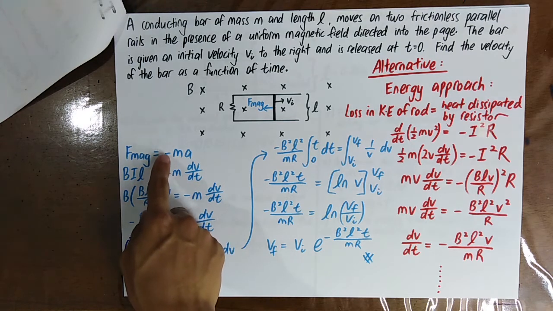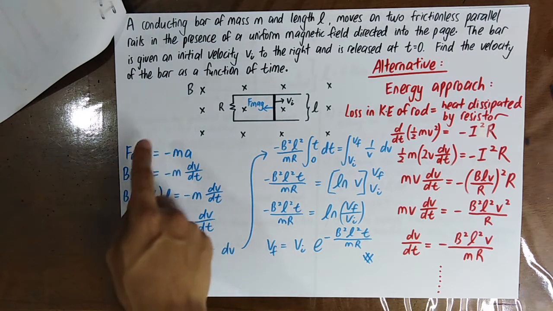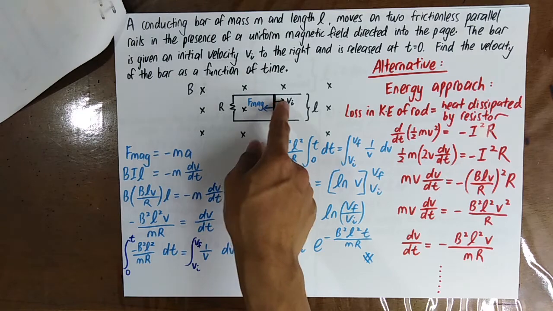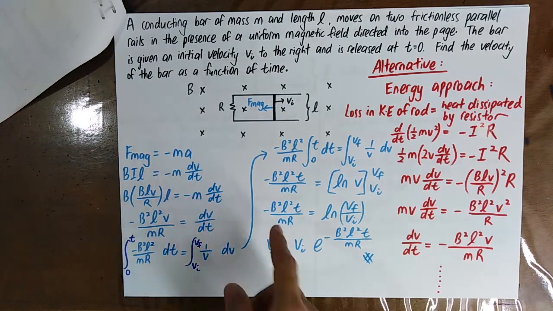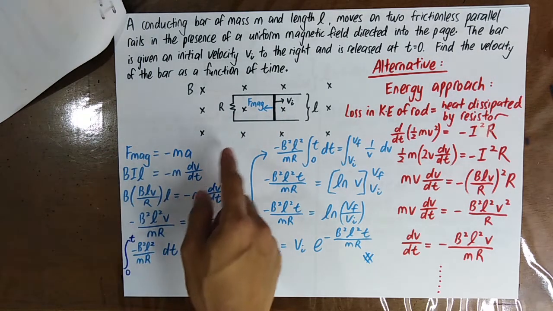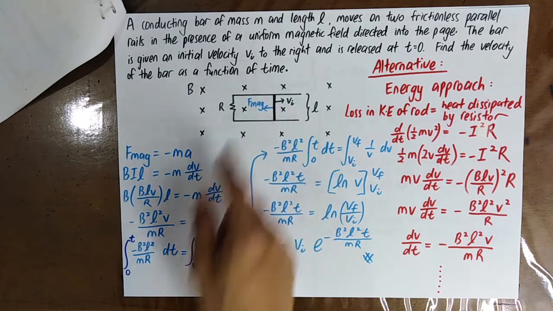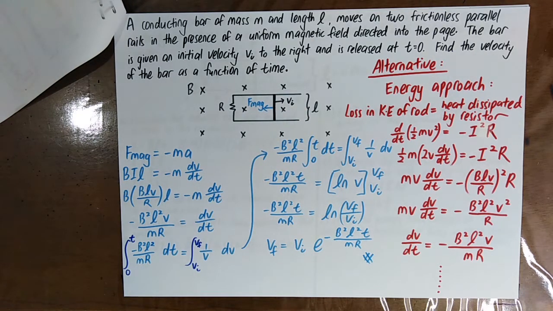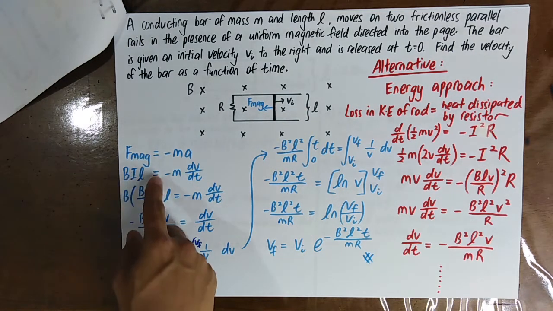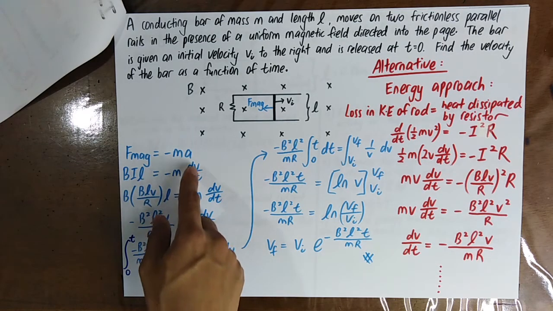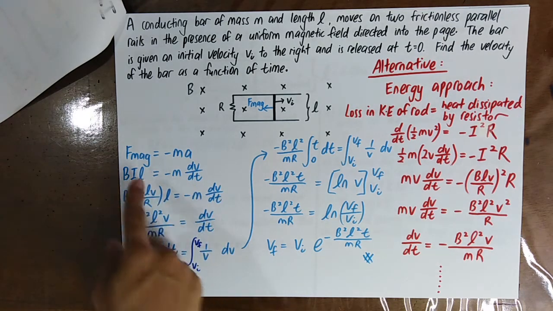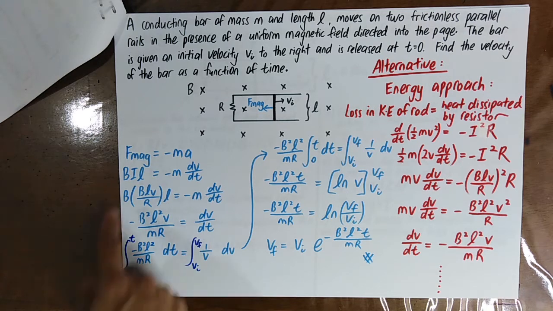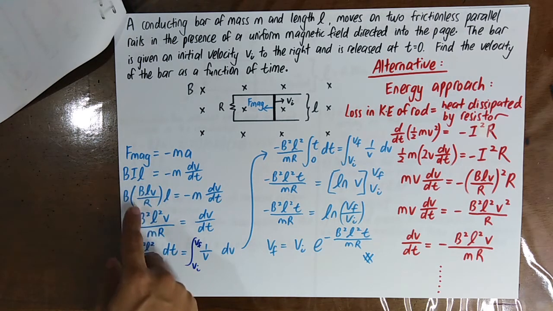You use a negative sign here because the force is opposite to the motion of the conducting rod, because the force will decelerate your moving conducting bar. So BIL equals negative ma, where a equals dV over dt, and I is the induced current. The induced current equals the induced EMF divided by R.